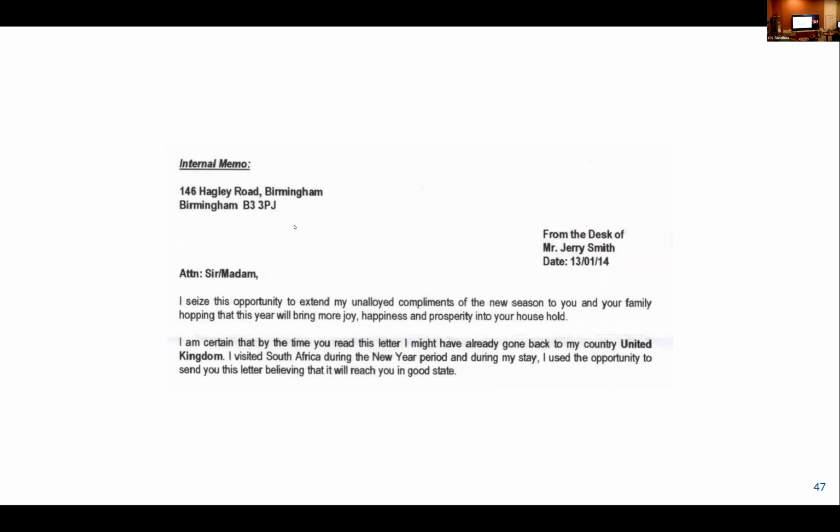Internal memo, 146 Hagley Road, Birmingham, whatever address. From the desk of Mr. Jerry Smith, very generic. Date, 13th of January, 2014. Attention, sir or madam, I seize this opportunity to extend my unalloyed compliments of the new season to you and your family, hoping that this year will bring more joy, happiness, and prosperity into your household.